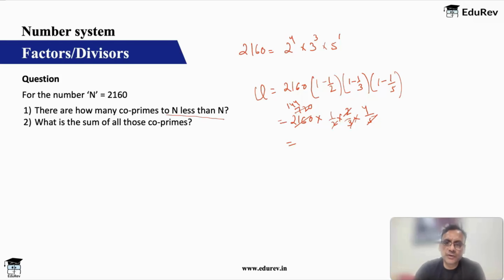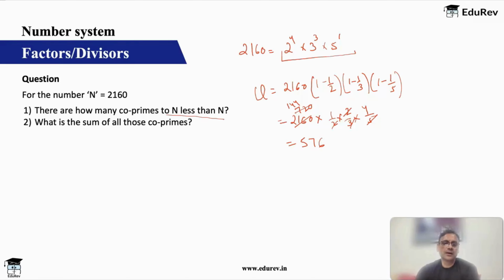Okay, so 144 into 4, that will give you 400, 560, 560 plus 16, 576. So there are 576 numbers less than n which are coprime to n. Obviously, you don't have so many primes, so a lot of them are coprimes. Because just understand logically, anything which is not a multiple of 2, 3, 5.